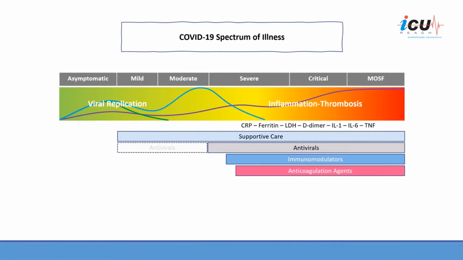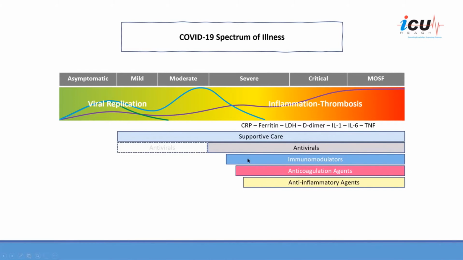Now, the third category of medications would be the anticoagulation agents, and we will be talking briefly about whether we have good evidence or not. And then the last one would be the anti-inflammatory agents. As you see, I put them together, similar to each other. I'm not sure if we should start the anticoagulation just before we start anti-inflammatory agents, or start them at the same time.